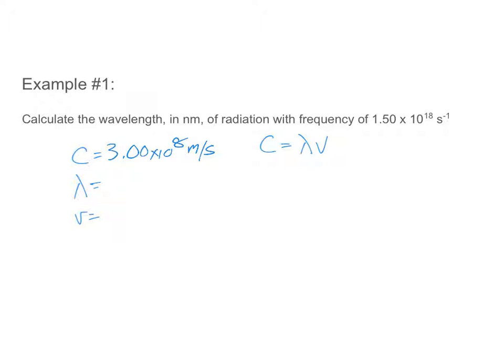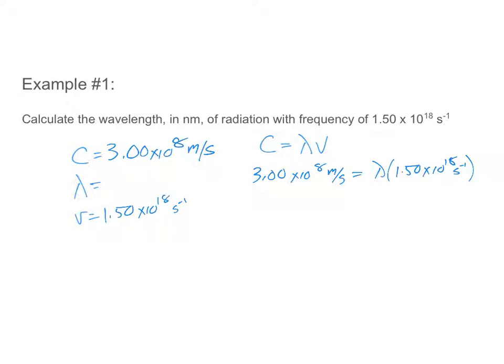And in this case, the frequency is 1.50 times 10 to the 18 hertz, or per seconds. So I'm just simply going to plug things in, which is 3.00 times 10 to the 8 meters per second is equal to the wavelength, which is what we're trying to solve for, times 1.50 times 10 to the 18 hertz.